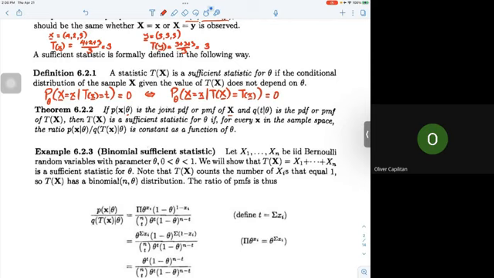then T of x is a sufficient statistic for theta if for every observed sample point bold X in the sample space, the ratio, the joint PDF divided by the PDF of our statistic, is constant as a function of theta.